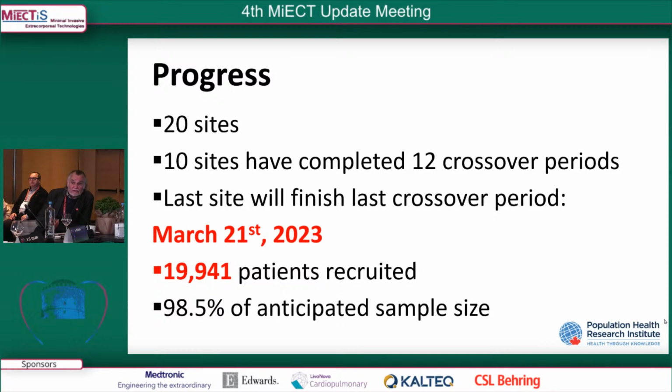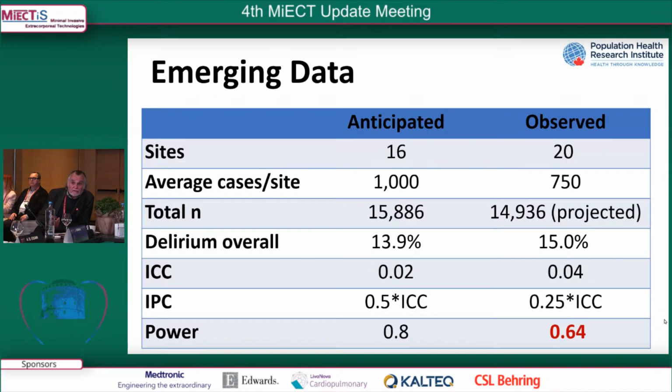So hopefully we'll have a definitive result as to whether or not benzodiazepines in particular are associated with this type of adverse consequence. And our incidence of delirium is pretty consistent with what we've been seeing in the literature, with about 15% of patients overall having experienced delirium in this very large study.